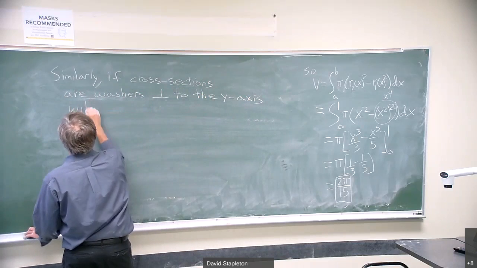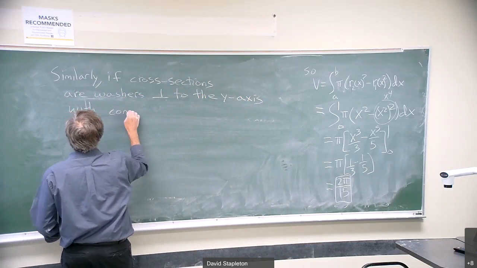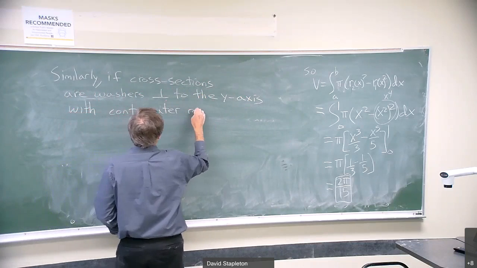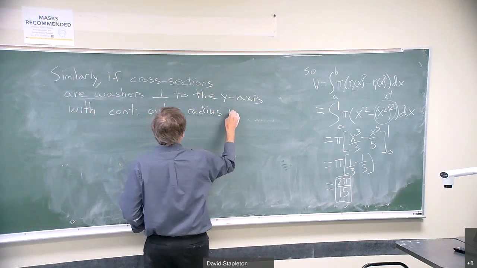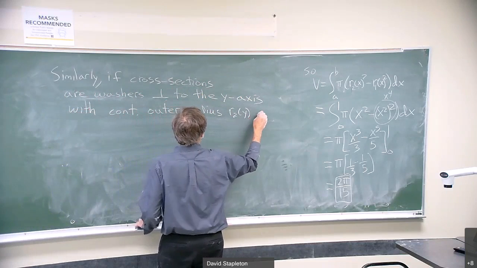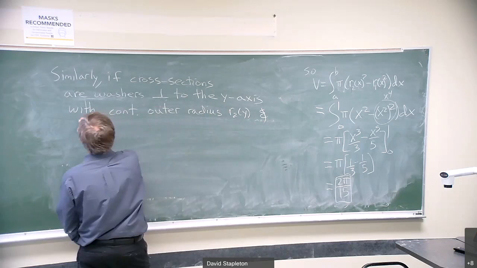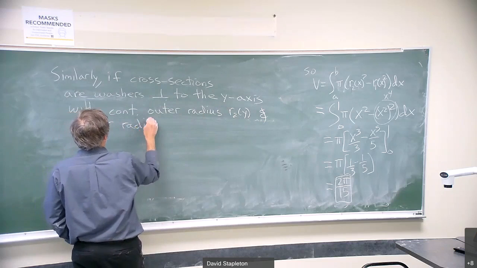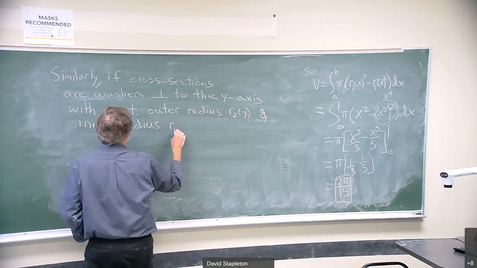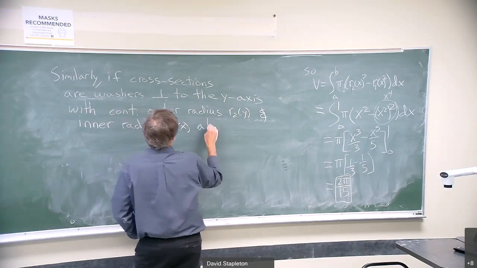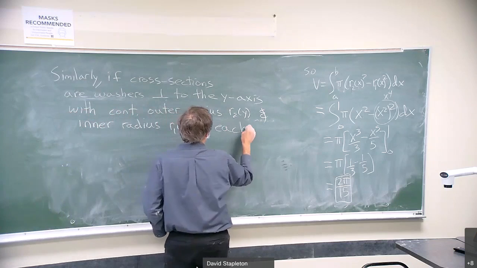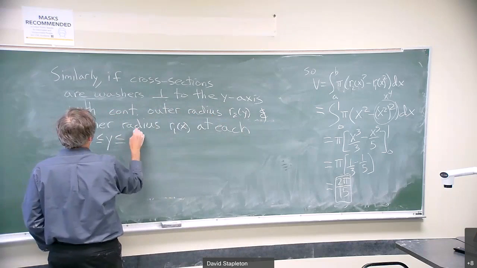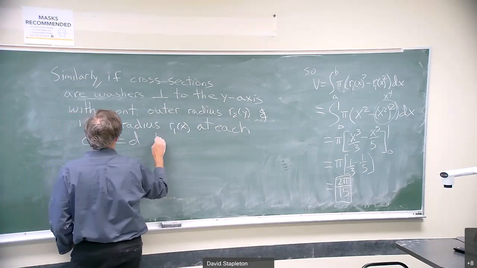With continuous outer radius R2 of y and inner radius R1 of y, at each y running from y equals c to y equals d, you get the completely analogous formula.